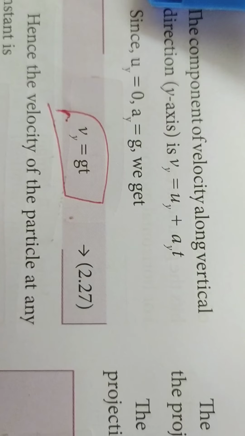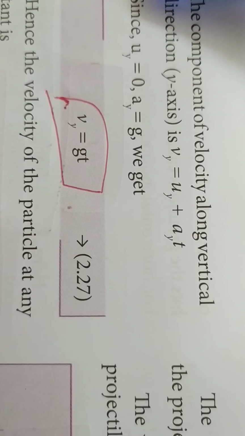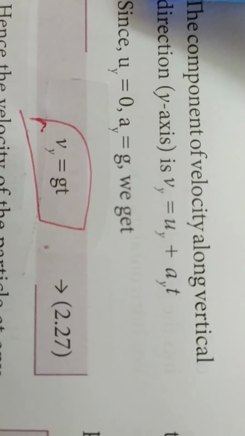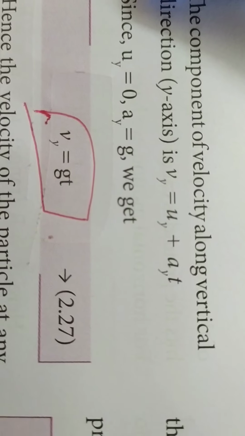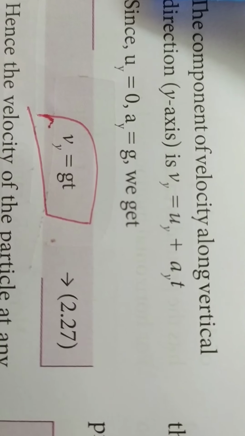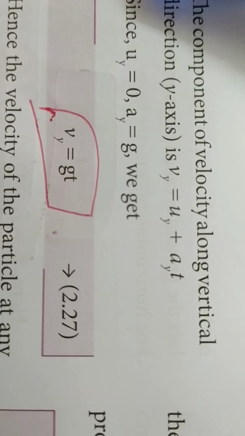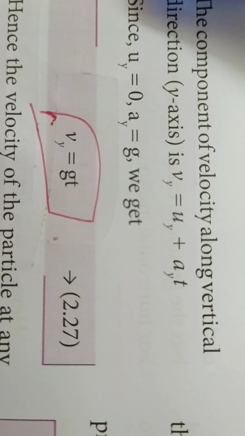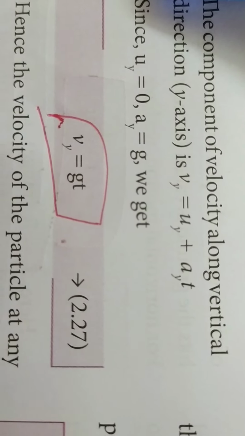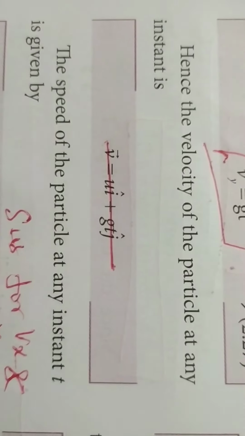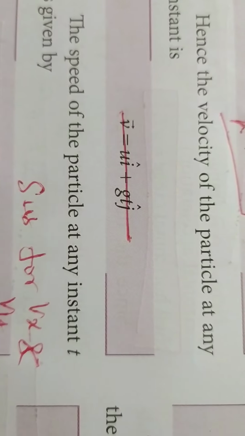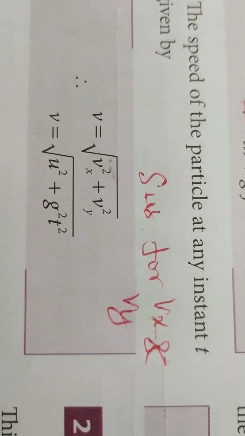When you take the vertical direction, you have to take the suffix y. So v_y is equal to u_y plus a_y t. In the vertical direction, the initial velocity is equal to 0 and a_y becomes g, because it is moving under acceleration due to gravity. So substituting that, v_y is equal to g t.